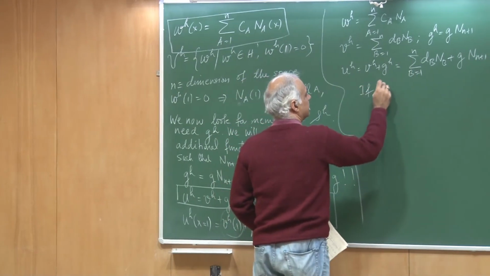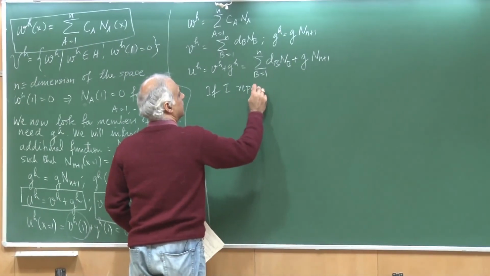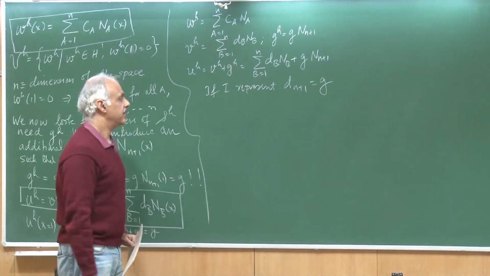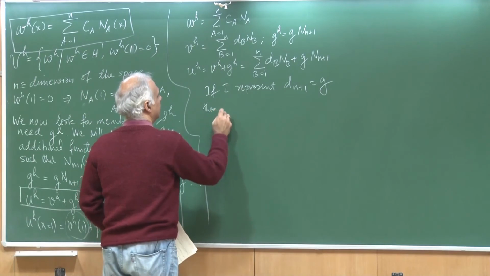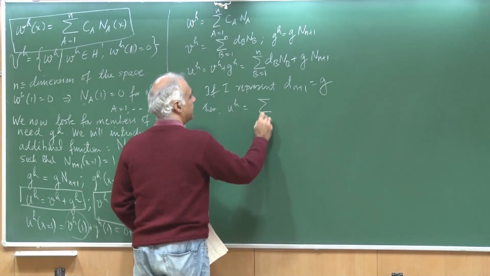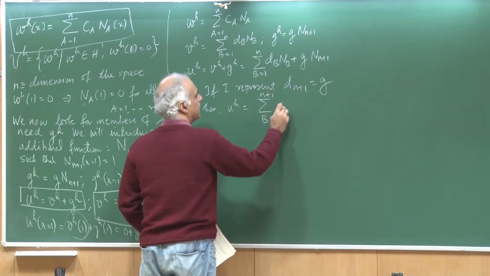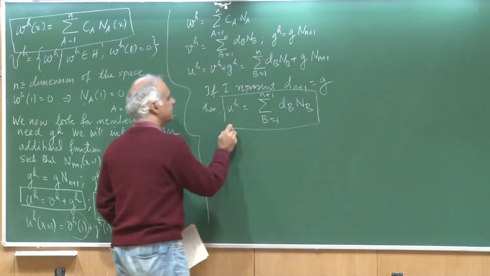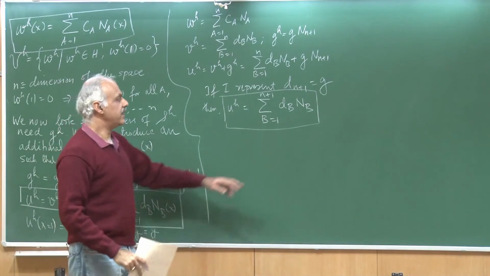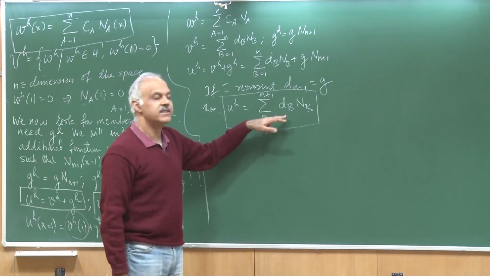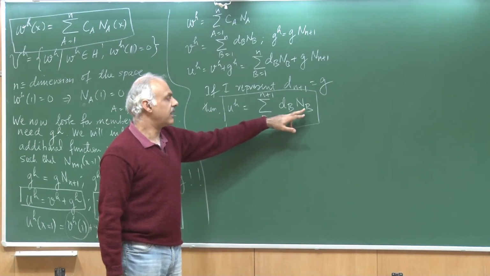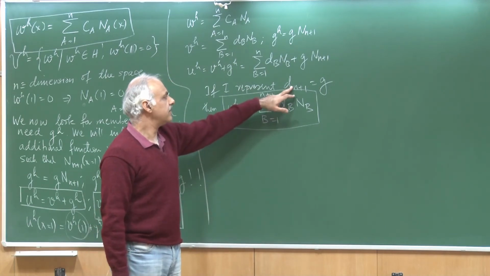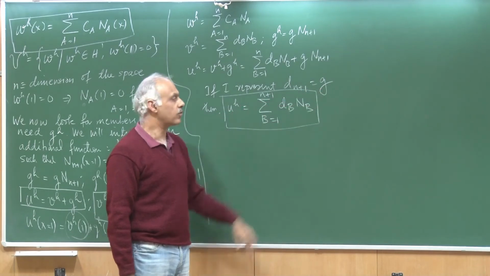If I use d n plus 1 as G, then I can write UH as simply summation B goes from 1 to n plus 1 dB NB, with the understanding that N n plus 1 is a little bit different than the other basis functions, because it has a value 1 at x equal to 1, unlike the other shape functions, and the d n plus 1 has a value G. So, it is a known quantity.